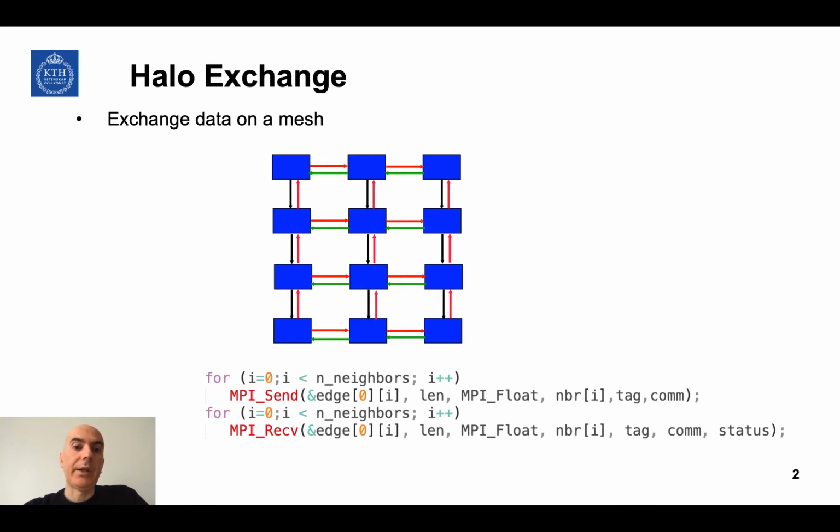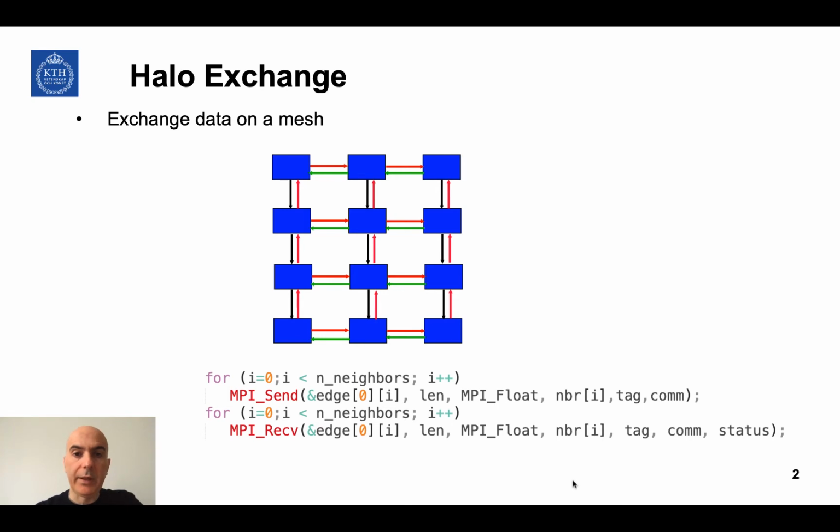cell exchange. The typical HPC application consists of a big grid, and this big grid is divided among many small grids. Each one of these grids is assigned to an MPI process. So let's look at an example here.